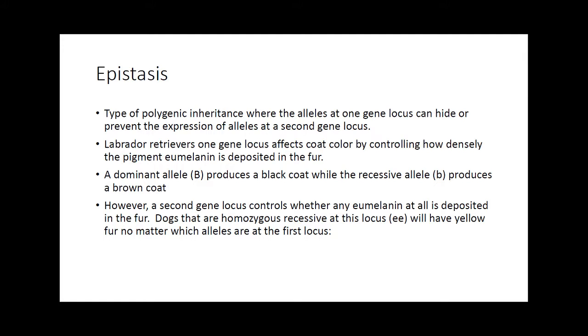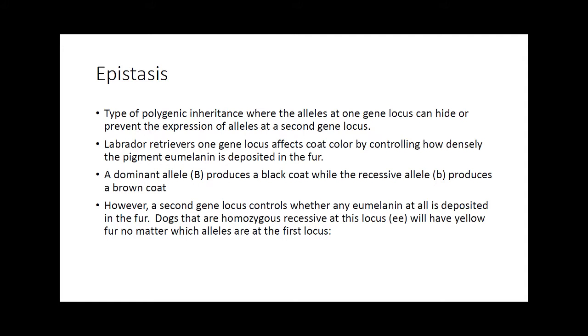Okay. So in this case, all these Labradors have the gene for the pigment in their fur, but the Labradors that have this B allele produce the black coat. With the recessive allele, they produce the brown coat.